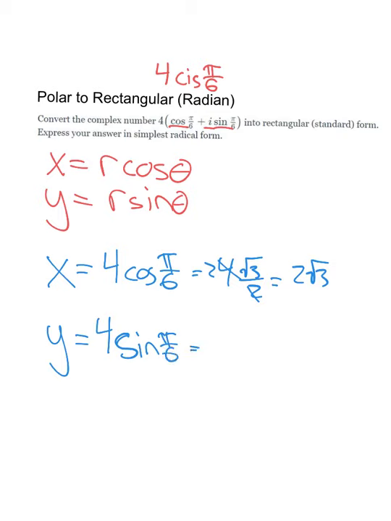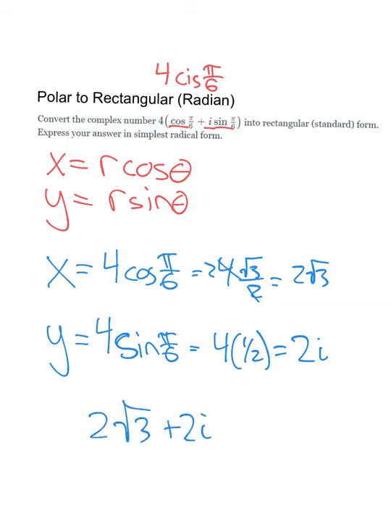And again, with that unit circle, sine at pi over 6 is just 1/2. So it's really just 4 times 1/2, which is 2. Okay, and we just have to remember that our y component has i. That's the imaginary component. So my answer is going to be 2 square roots of 3 plus 2i.